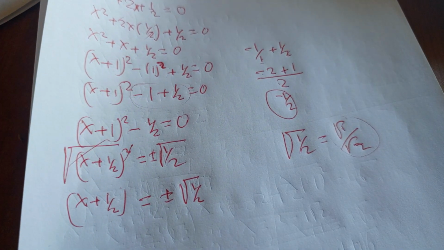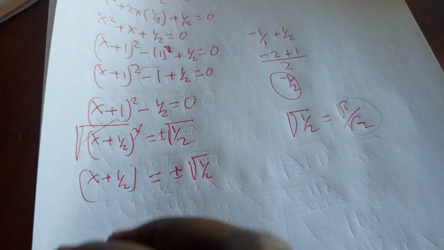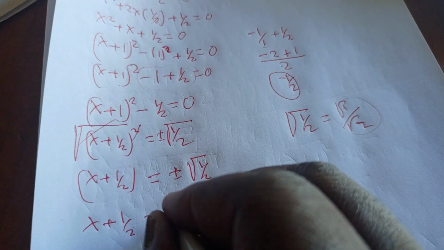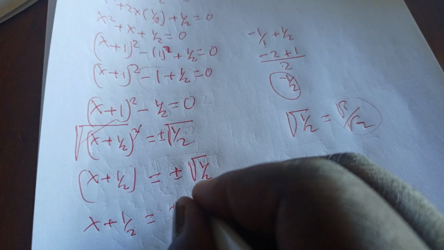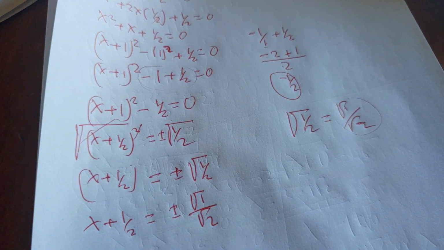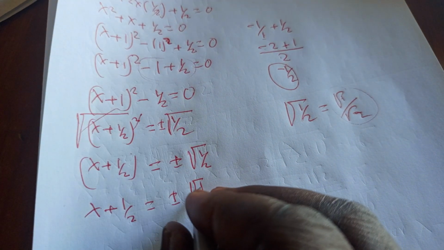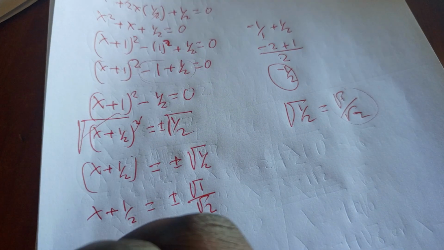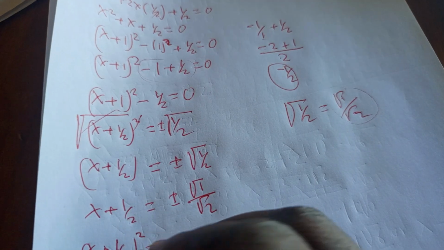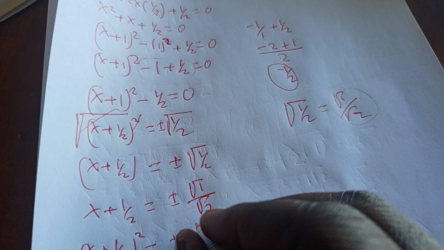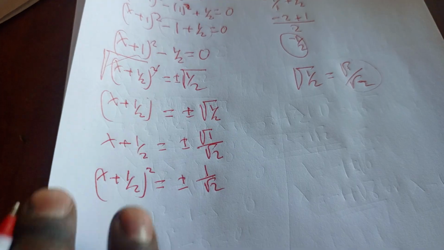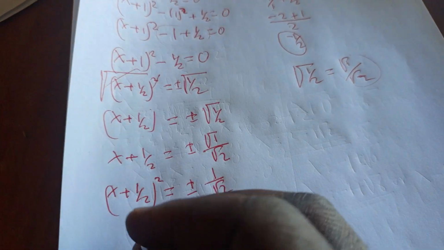So now my next stage will be x plus 1 over 2 is equal to plus or minus the root of 1 over the root of 2, like this. Okay, so I can now proceed.